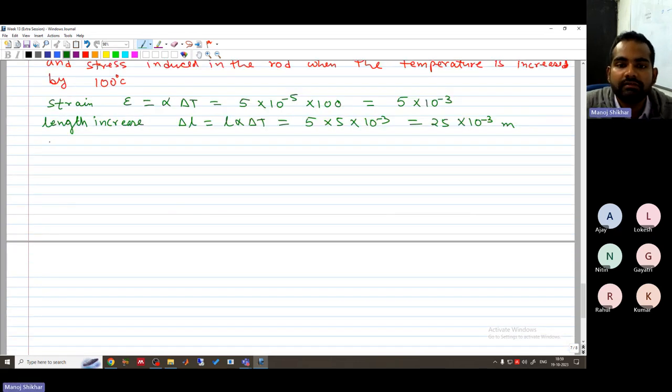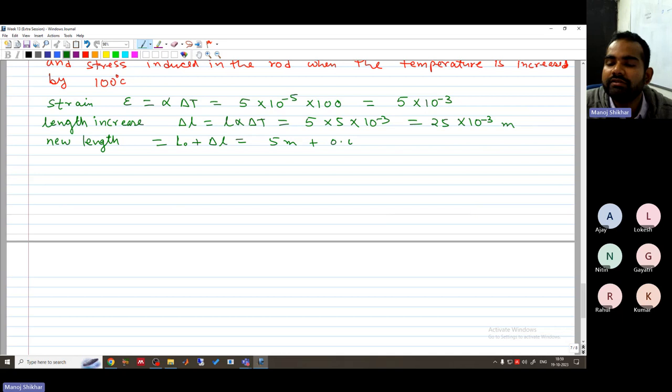So new length is L naught plus delta L. So that is 5 meter plus 0.025 meters. This is 5.025 meters.